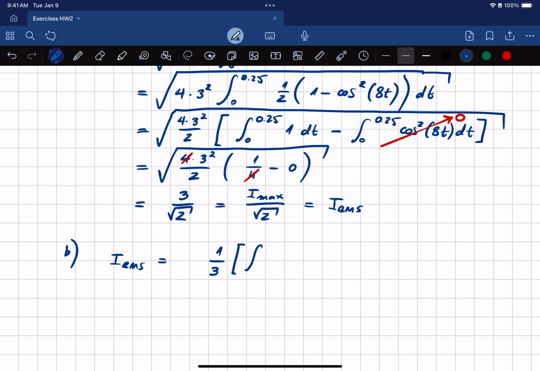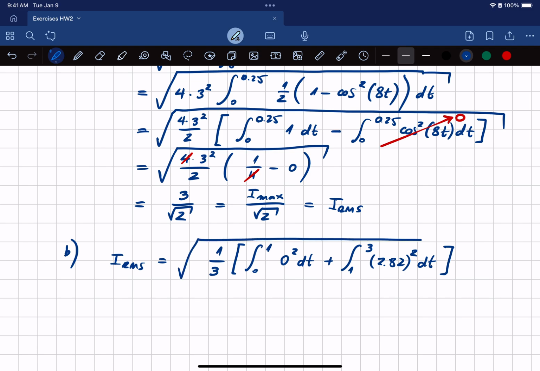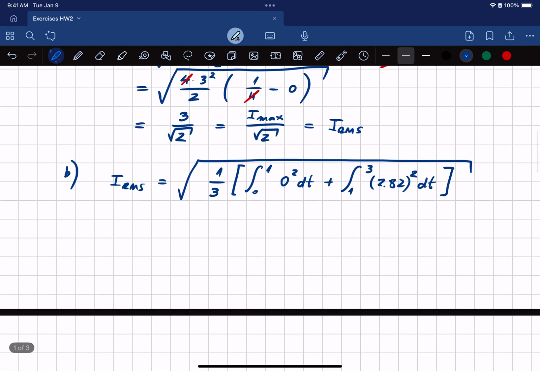It's going to be the integral from 0 to 1, where the function is 0, plus from 1 to 3, 2.82, a constant value, square dt. Simple enough. Then you solve this. We know that this is 0. And then we get 1/3.